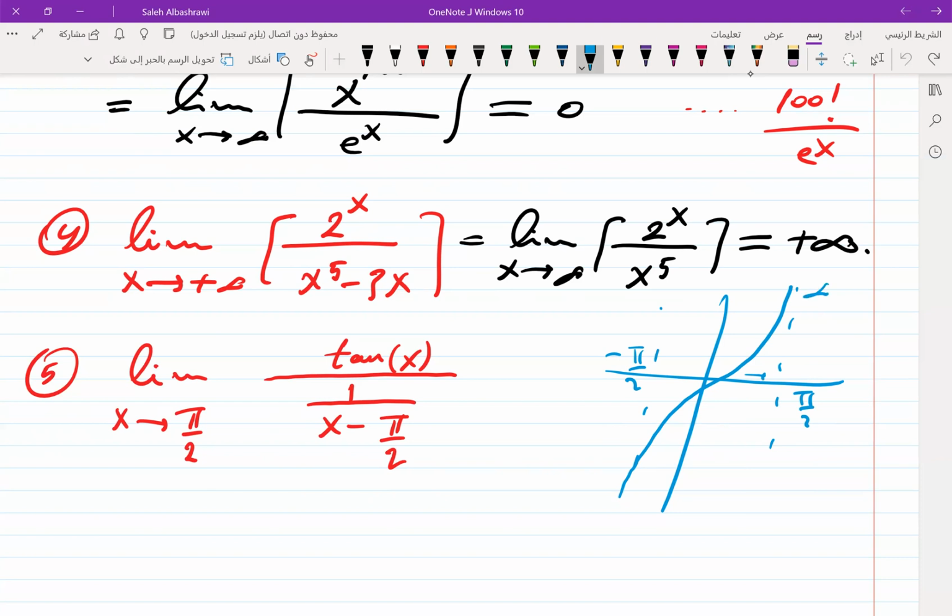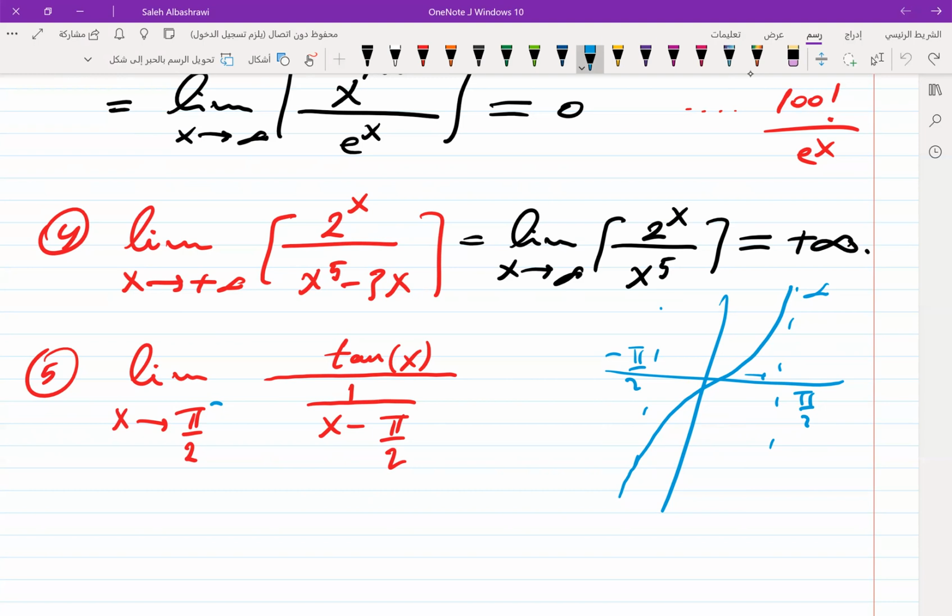For the denominator, x minus pi over 2, let's take it from the positive side so that it is sure to go to infinity. Actually, this should be a negative sign.